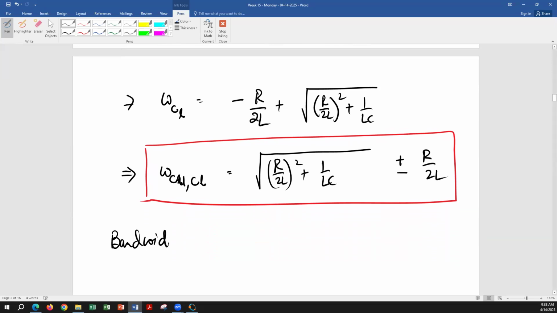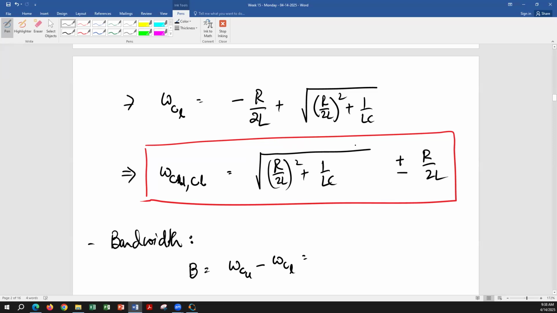Bandwidth is omega cutoff upper minus omega cutoff lower. So when we subtract omega cutoff lower from omega cutoff upper, of course, this factor is the same in both equations.